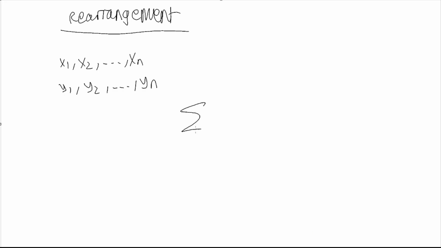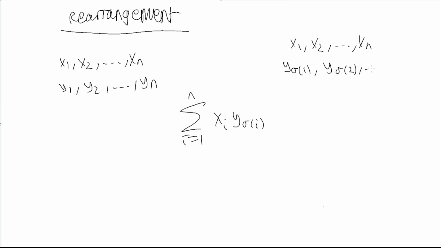And we want to see the value of the sum from i equals 1 to n of xi y sigma of i, where again, sigma is our permutation. Then this sum is maximized whenever the lists x1, x2, all the way to xn, and our permuted list y sigma of 1, y sigma of 2, all the way to y sigma of n have the same relative order.